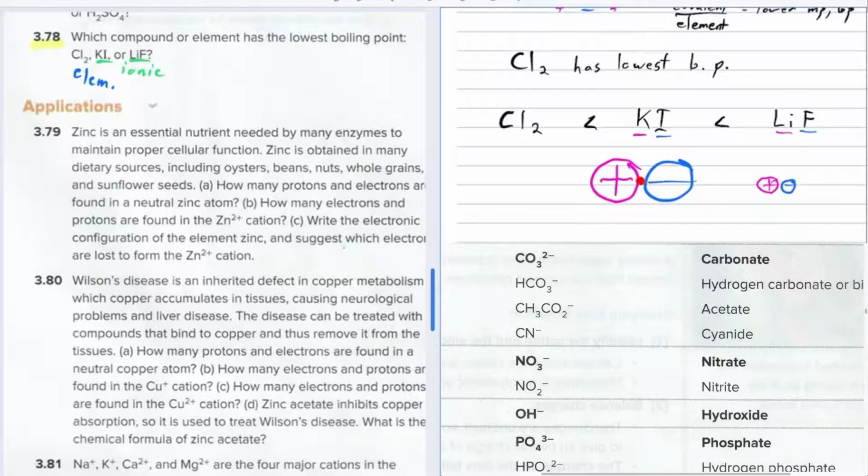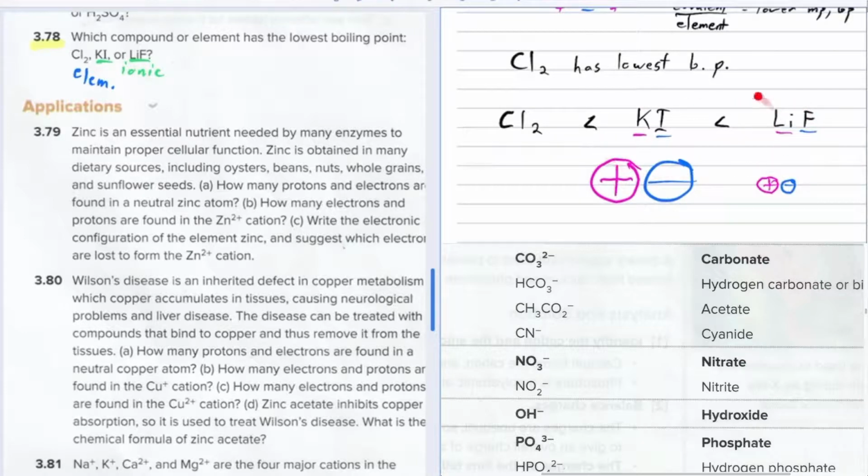Think about two planets that are very far apart. The force of gravity isn't as strong, but when planets are closer together, the force of gravity is stronger. Anyway, the closer two ions are to each other, the stronger the attraction, so the harder it is to boil.